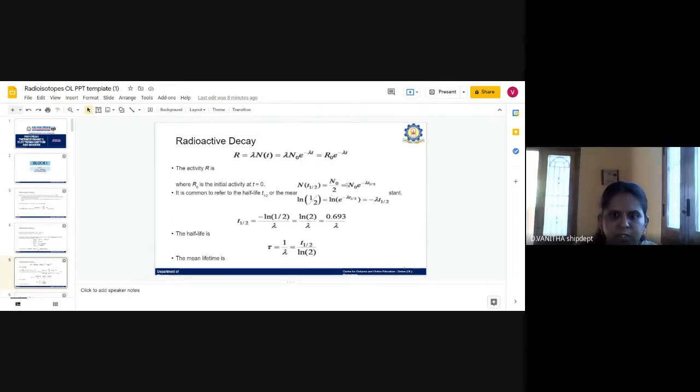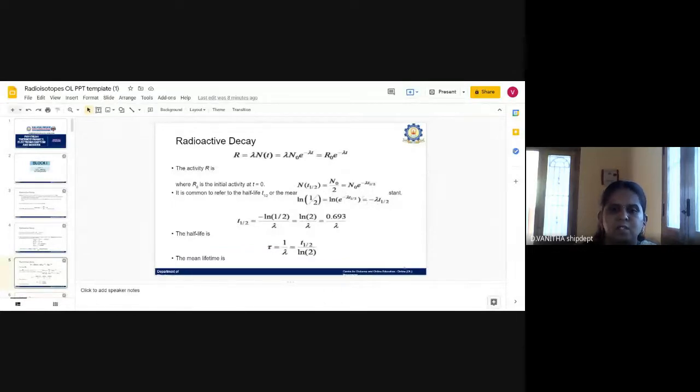Here N naught and N naught cancel out, and we get 1 by 2 equal to e power minus lambda T half. Taking ln on both sides, ln 1 by 2 is equal to ln e power minus lambda T half, and ln of e power x is equal to x only.